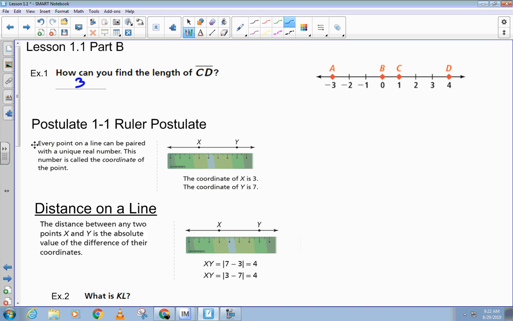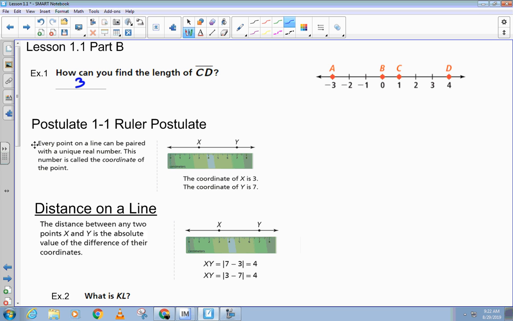And our first postulate is called the ruler postulate. Now, a postulate is basically a rule in geometry that's accepted true without proof. It's kind of common sense. And the ruler postulate says that every point on the line can be paired with a unique real number. This number is called a coordinate of the point.